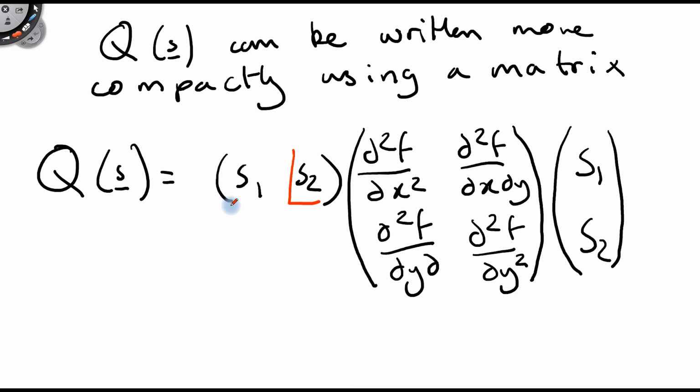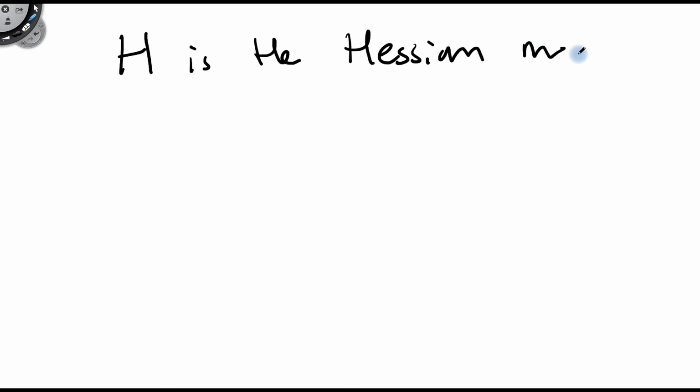Okay, so this is very useful. So actually, what we can write this down as is that Q of S is S vector transposed times something called H times S. We just call this matrix H, and H stands for Hessian. So you come across these key matrices that contain all the derivatives.